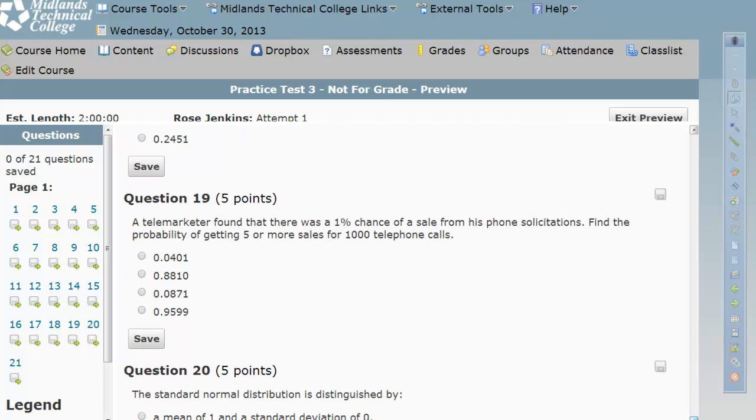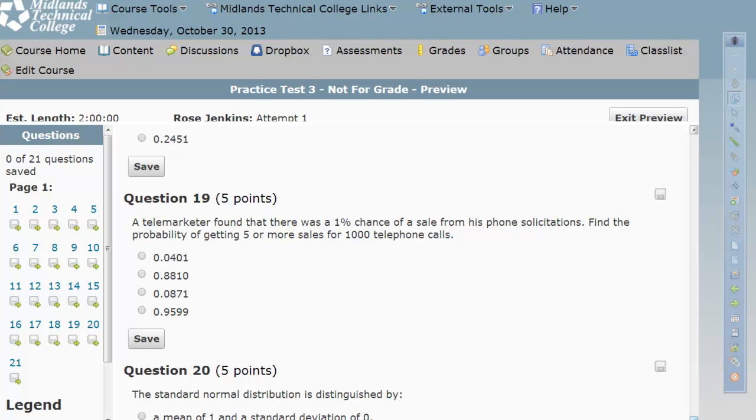A telemarketer found that there was a 1% chance of a sale from his phone solicitations. Find the probability of getting 5 or more sales for 1,000 telephone calls. Okay, where does this fall in the things that we talked about in this unit?